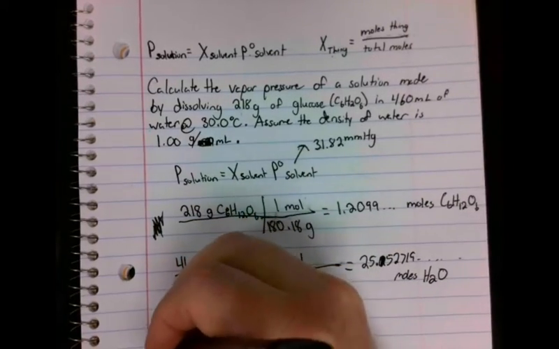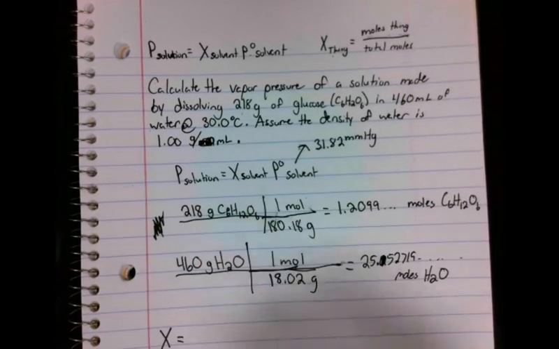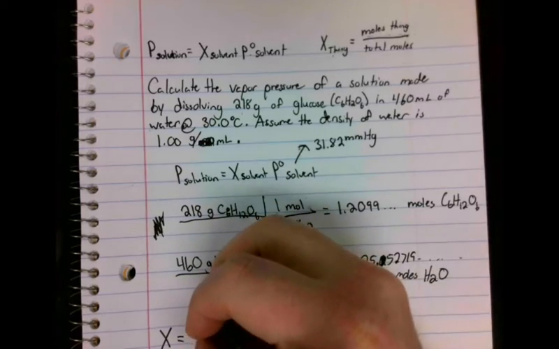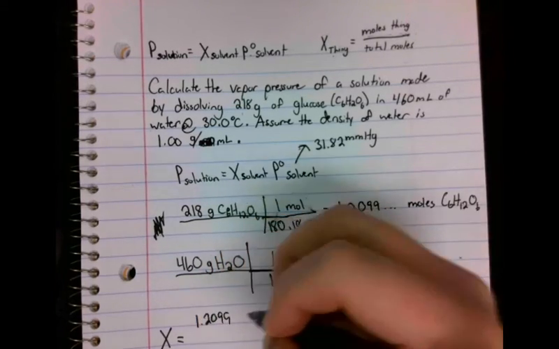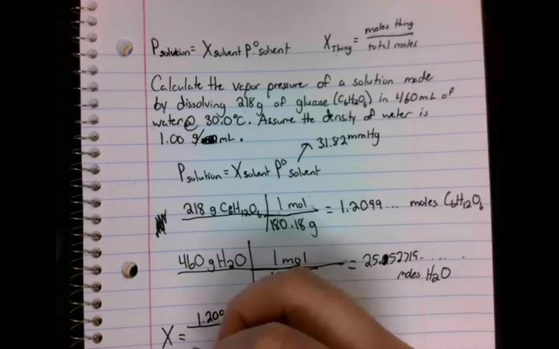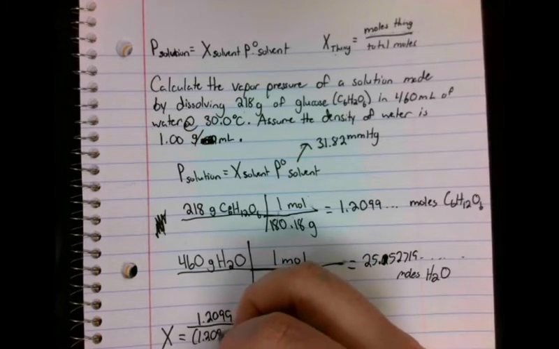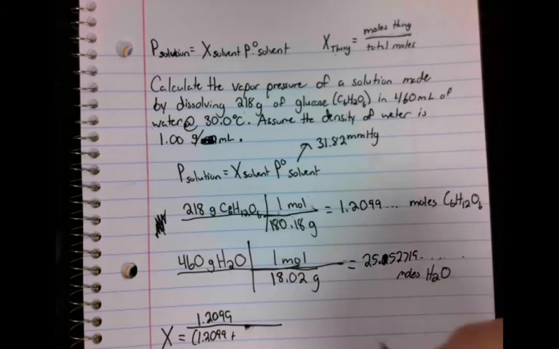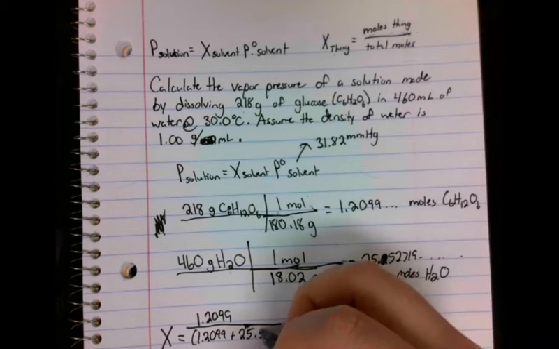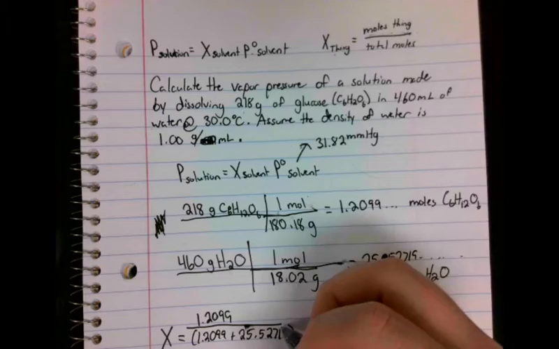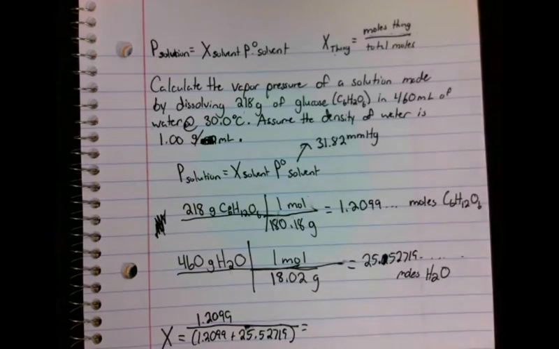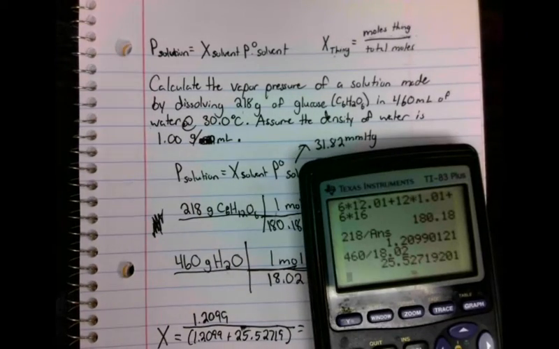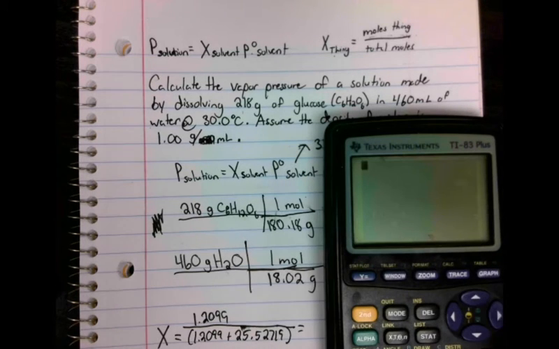So to find our mole fraction, we're going to take our moles of our thing, which in this case is our 1.2099, divide by our total moles, 1.2099 plus 25.52719. We'll do equals. Remember, this doesn't get multiplied by 100. It's not a percent. So I am going to round because I don't want some of my numbers to be rounded and some of them not to be.